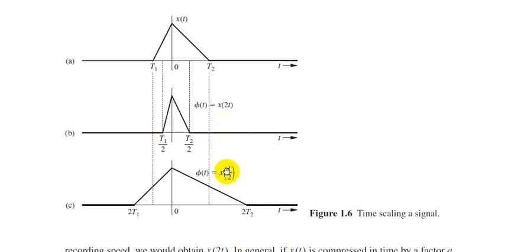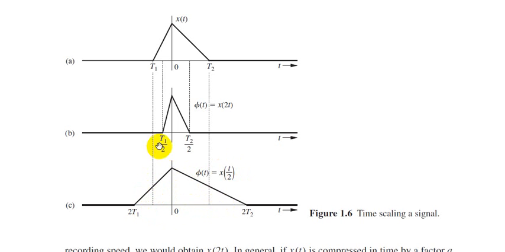What about if the value of alpha is less than 1? Here it is half. Okay, so that means x of half t. Here alpha is half. When the value of alpha is less than 1, we are getting the expanded version of x of t.